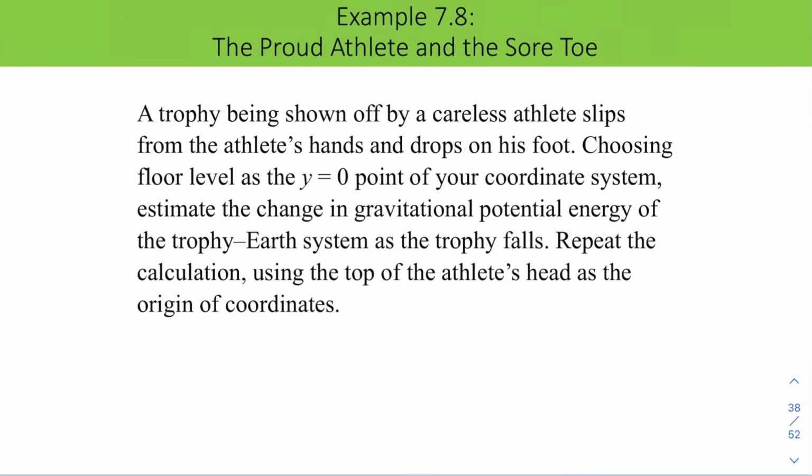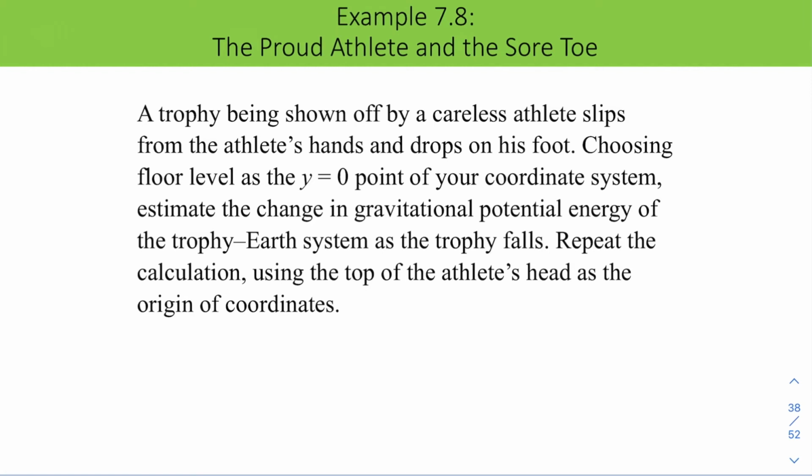Now example 7.8, a proud athlete and the sore toe. A trophy being shown off by a careless athlete slips from the athlete's hand and drops on his foot.